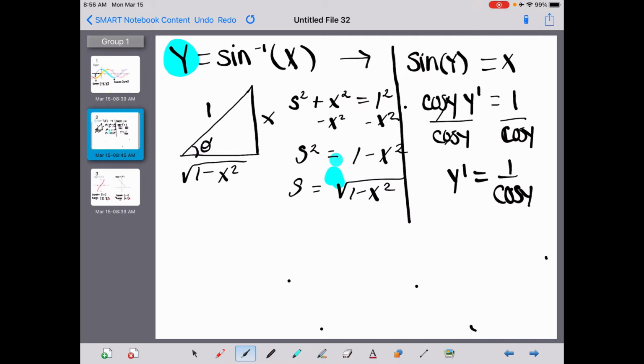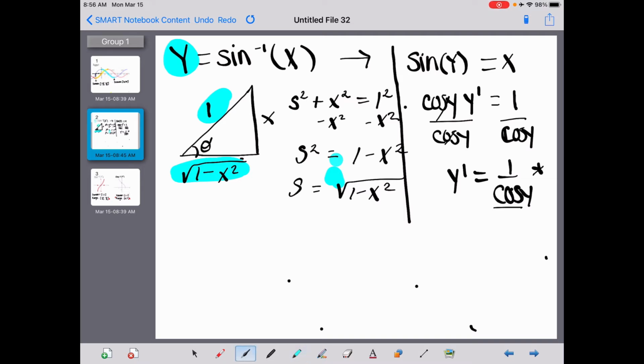So now let's use the triangle that we just put together in order to rewrite 1 over cosine y. Looking at our triangle, cosine is adjacent over hypotenuse. Adjacent would be the square root of 1 minus x squared over hypotenuse 1.